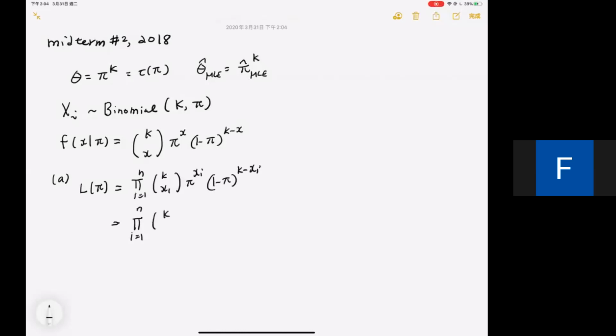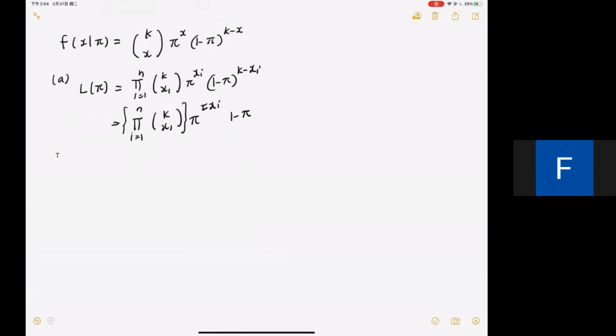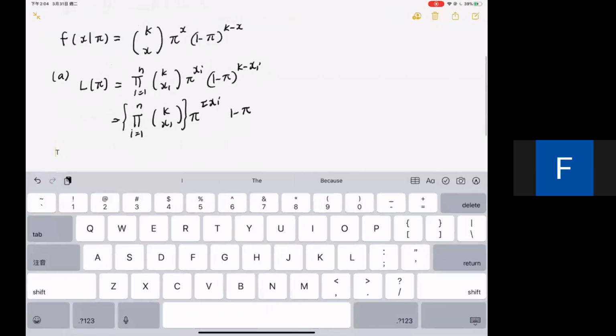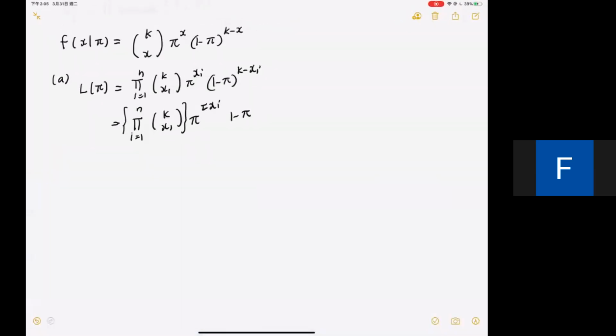We can move to pi^(summation xi), (1 minus pi)^(nk minus summation xi). Then you take the log.